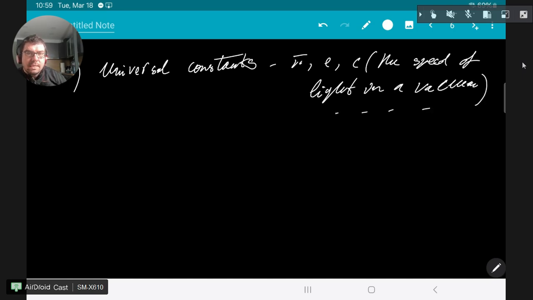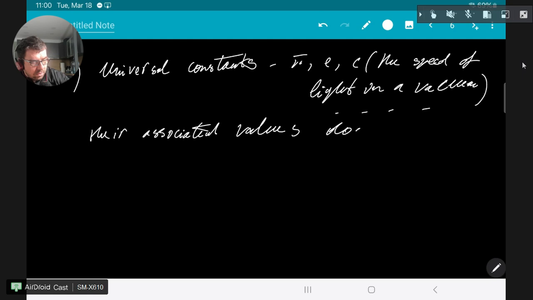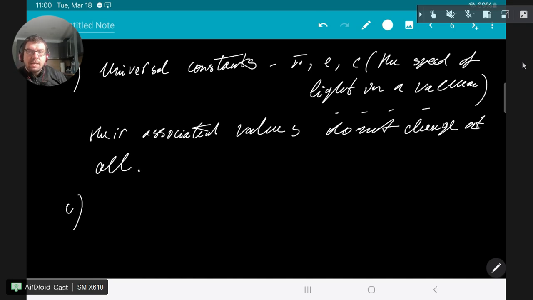Etc., etc. So these are constants that do not change at all. Their associated values do not change at all.